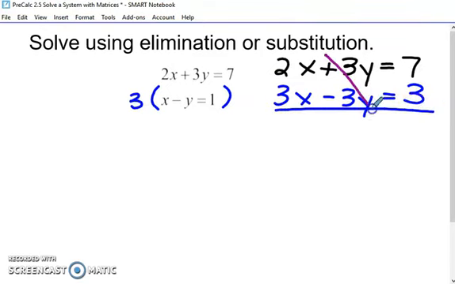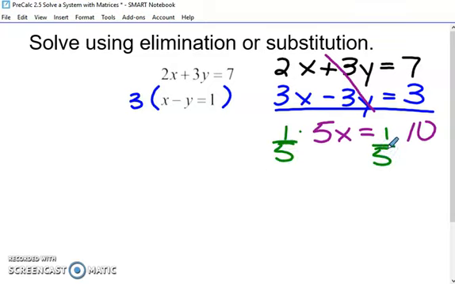And these will cross off. We end up with 5x equals 10. Normally we would divide both sides by 5. But another thing we can do is multiply by the inverse, because 1/5 times 5 is 1x, and 1/5 of 10 is 2.